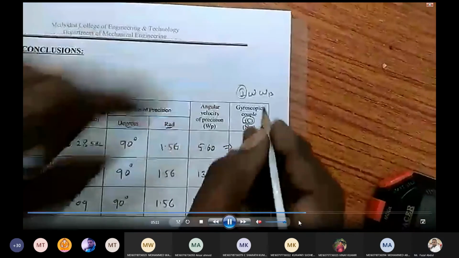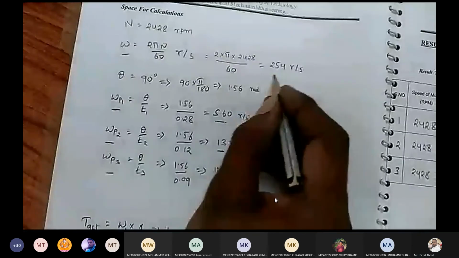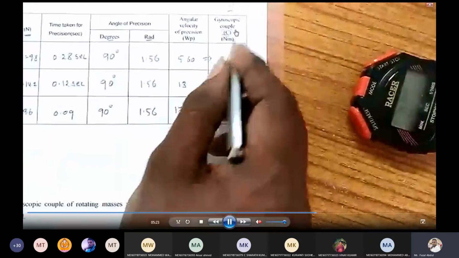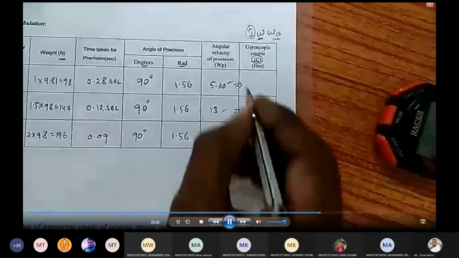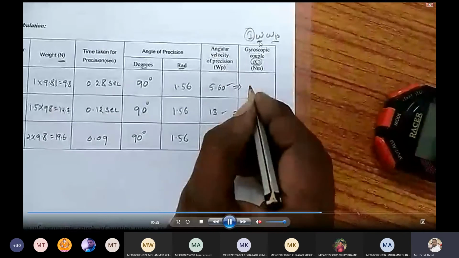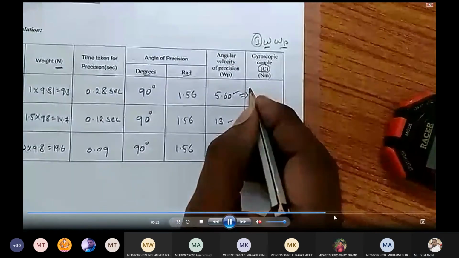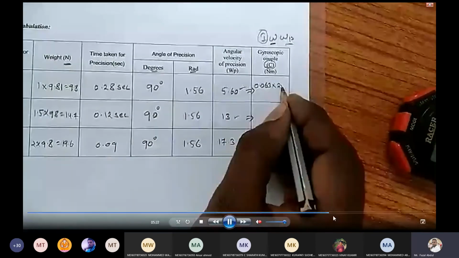I value and omega value we calculated at the beginning, 254 radians per second. Omega P1, P2, P3 we calculated here, 5.6, 13, 17.3. All values substitute and get the values one by one. Into 254 into 5.60.